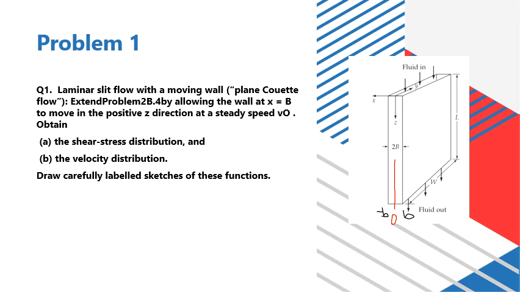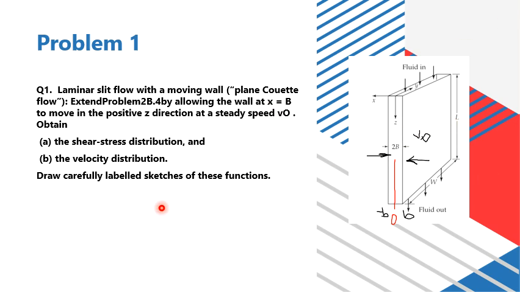So this wall is stationary, and this wall is moving with v naught in the positive z direction. Our main objective is to find the shear stress distribution and velocity distribution between these plates.